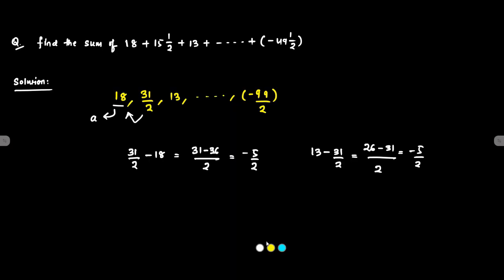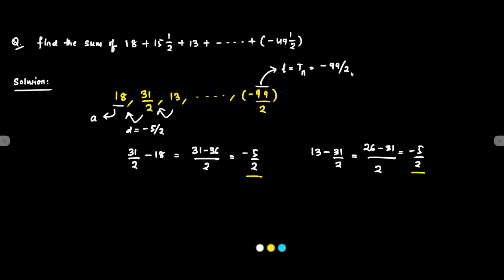So a constant difference of minus 5 by 2 is maintained. This is the common difference, d, which is equal to minus 5 by 2. And then we have the last term, L, which is equal to Tn, which is equal to minus 99 by 2.